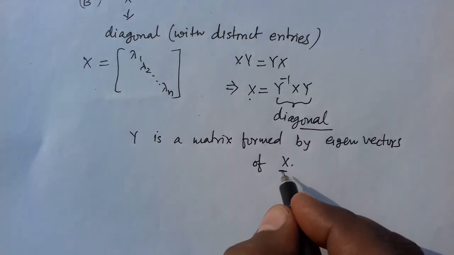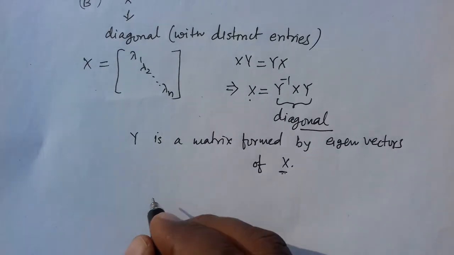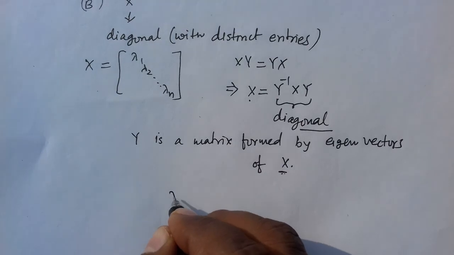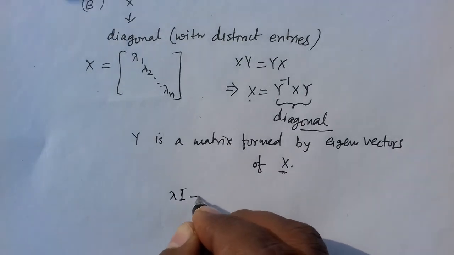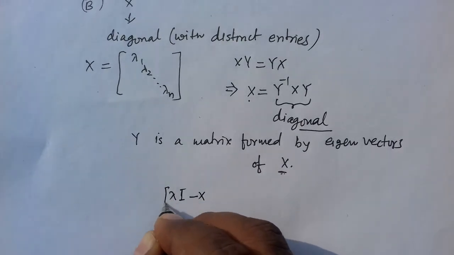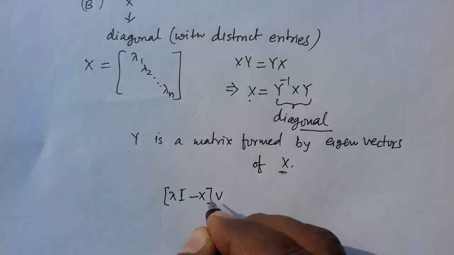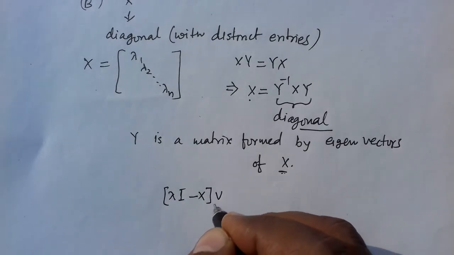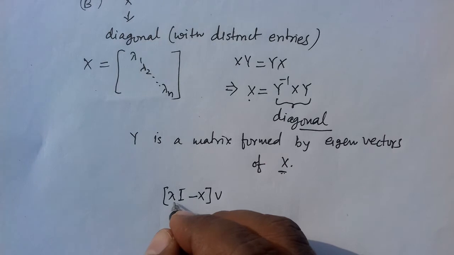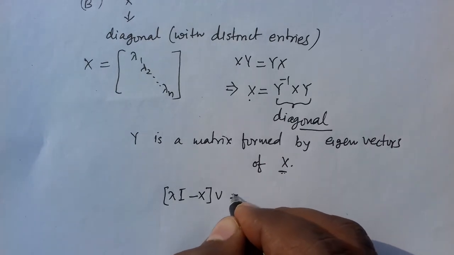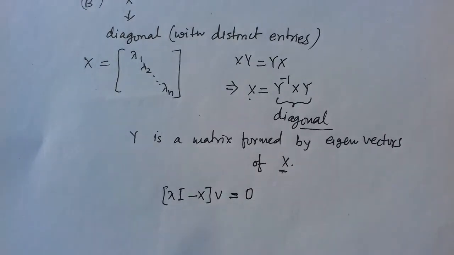So for eigenvalues of X we do lambda I minus X, and suppose this v is an eigenvector corresponding to this value lambda, so this should be 0.